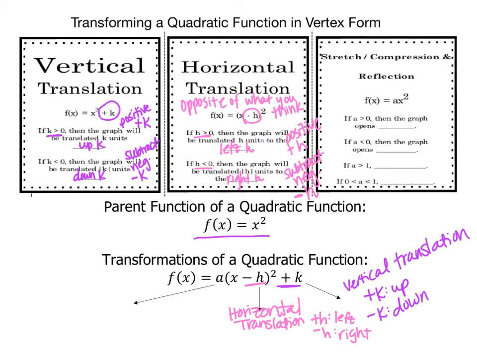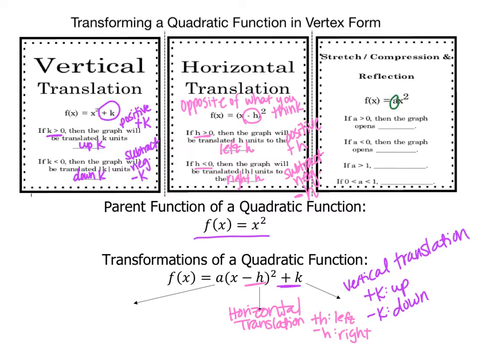Okay, so now we've looked at how we can move up, down, right, left. The next thing that we could do is we could stretch it, shrink it. So another word for shrink is a compression. I could also reflect. So all three of these things are going to occur in the front of our function, with a value being multiplied.